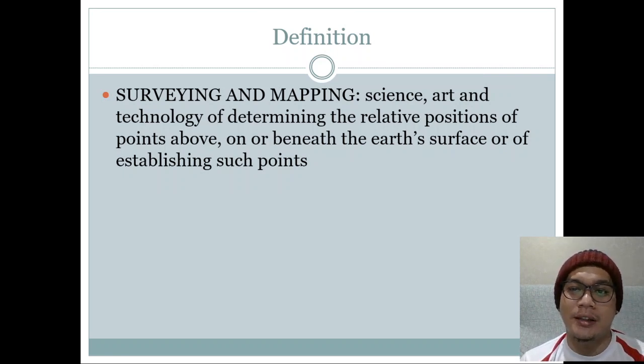So any points that have information, okay, of points above, meaning to say it could be points that are above the Earth's surface. It could be within our atmosphere. It could be on the surface, which is on the ground. Any points, such as survey points, cadastral maps, cadastral points, could be points of the trees, the infrastructures, and also it could be beneath the Earth's surface.